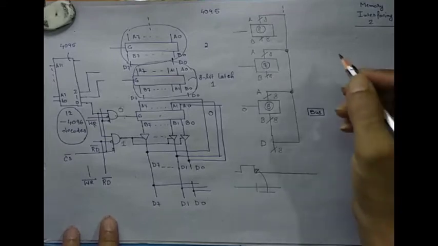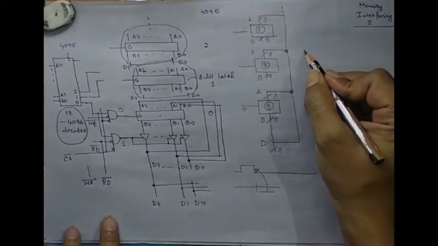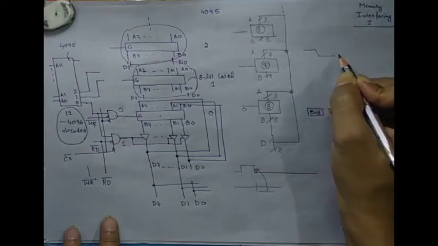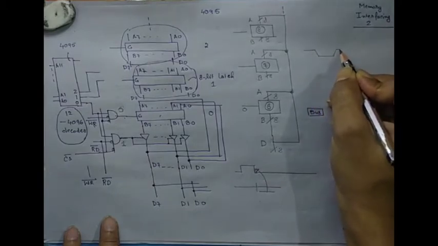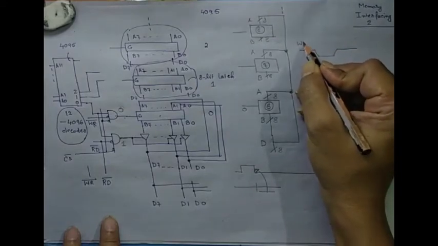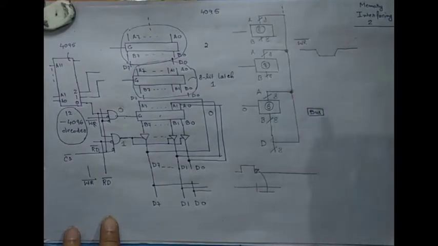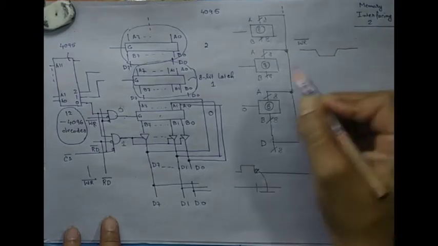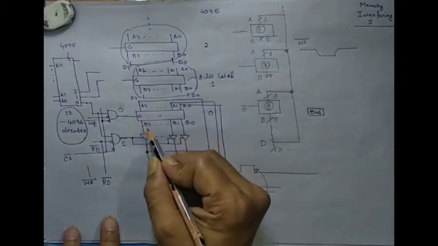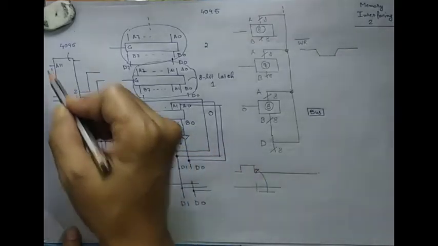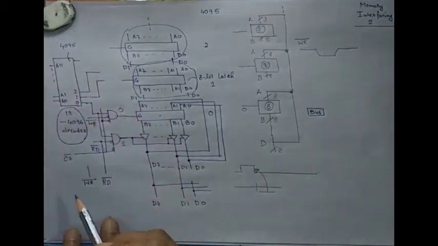So that means when the processor asserts the write bar signal, here when write bar goes to logic 0, the latch will become enabled. Which latch? That depends on the address present on the address lines.